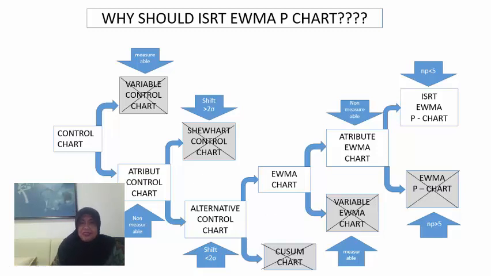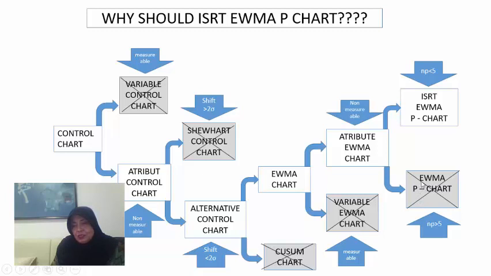For the time being, I will focus on the exponentially weighted moving average chart. It is classified as attribute and variable. The attribute exponentially weighted moving average chart can be expressed as a P chart.